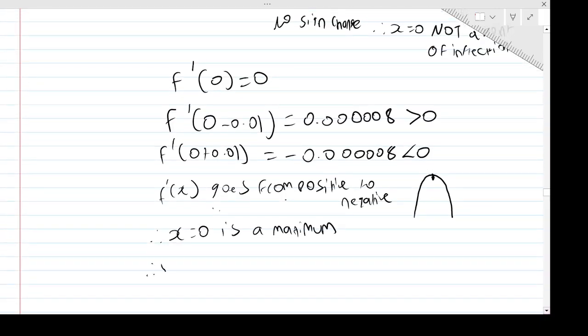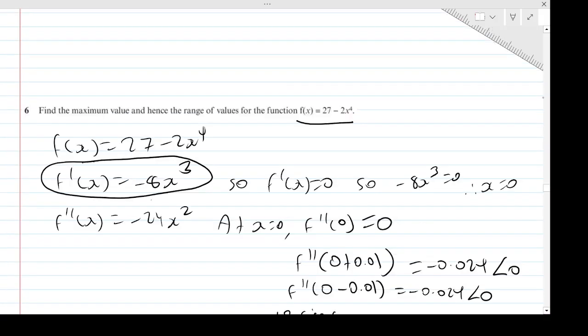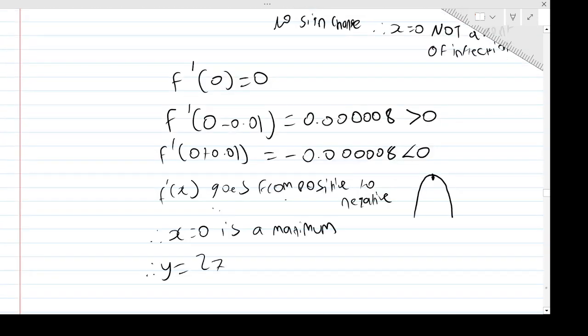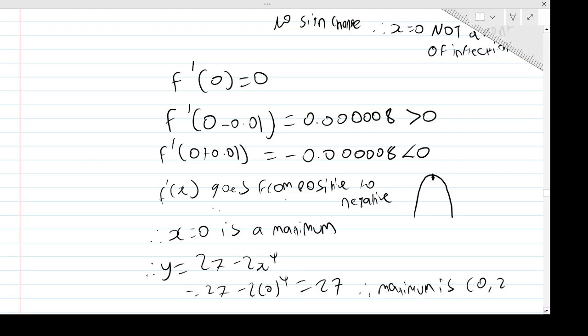So therefore y, when x is 0, is going to be 27 take away 2x to the 4, at x is 0. That's just going to be 27, okay? So therefore the maximum is the point x is 0, y is 27.